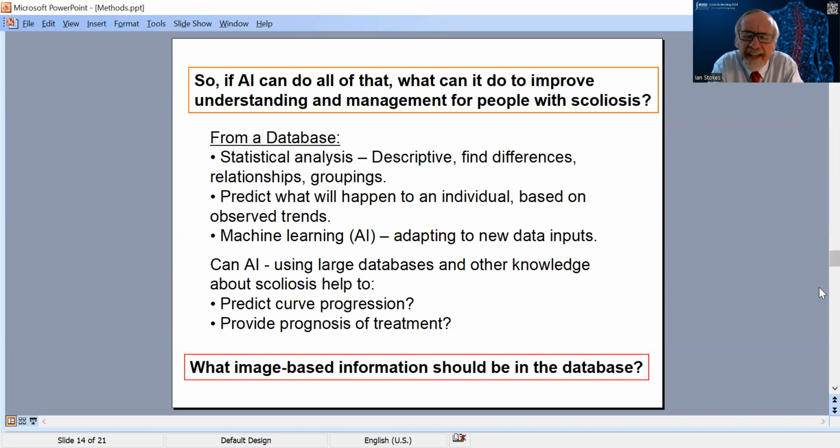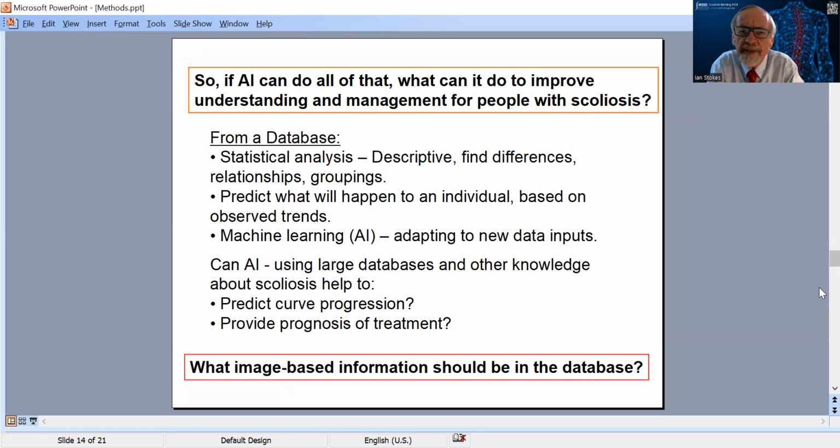So if artificial intelligence can do all of that, what can it do to improve understanding and management of people with scoliosis? So we're familiar with developing databases of information about patients and then conducting statistical analysis, initially descriptive, then finding differences between groups or differences over time, relationships between measurements and clinical observations and groupings of patients.